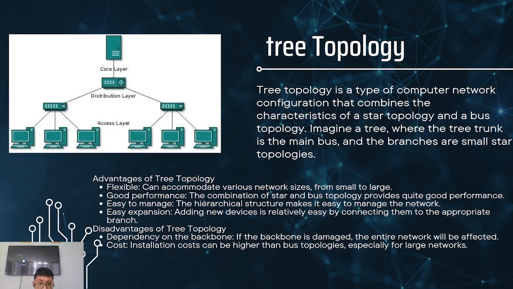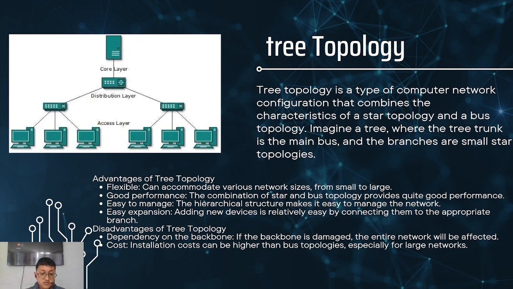And tree topology, one of the topologies used. Tree topology is a type of computer network configuration that combines the characteristics of star topology and bus topology. So this is a combination or upgrade from star and bus topology.